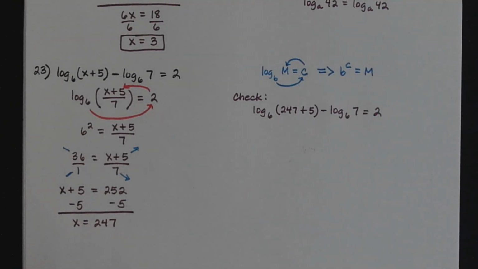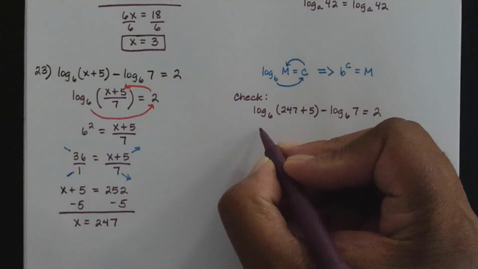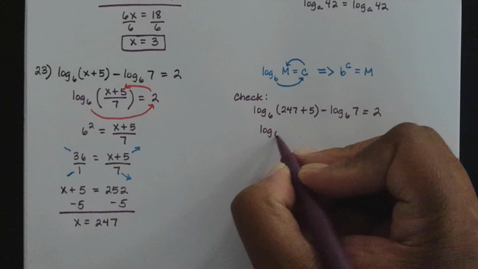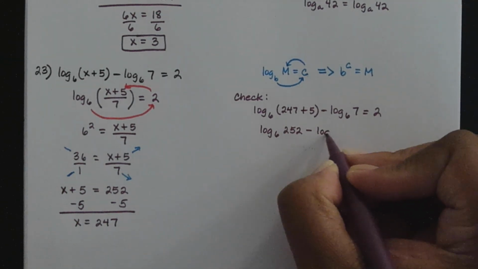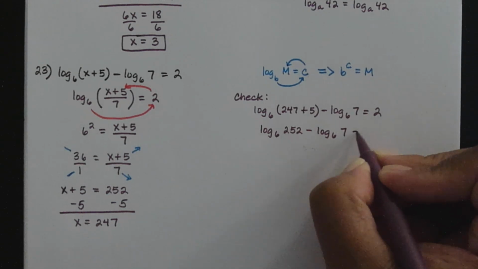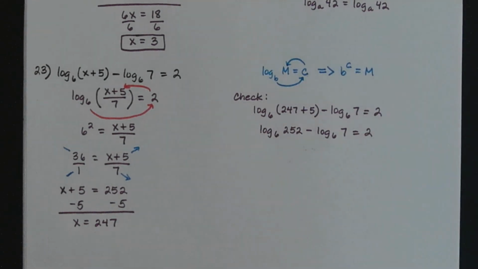And then if I add 247 and 5 together, I'll get 252. So it'll be log to the base 6 of 252 minus log to the base 6 of 7 is equal to 2.